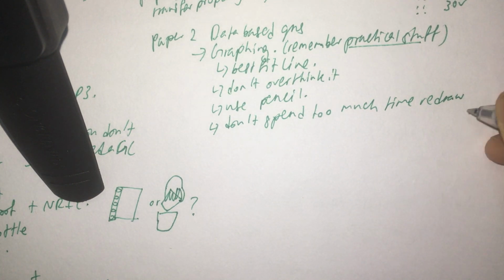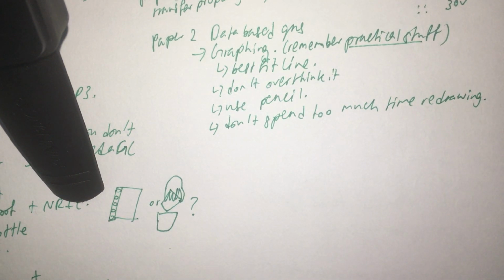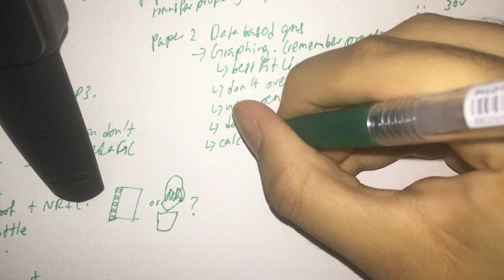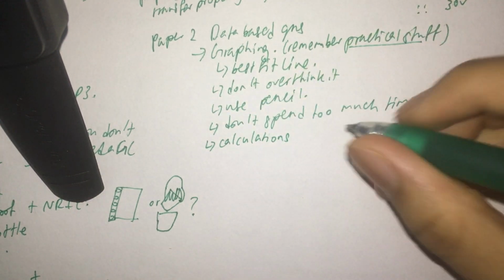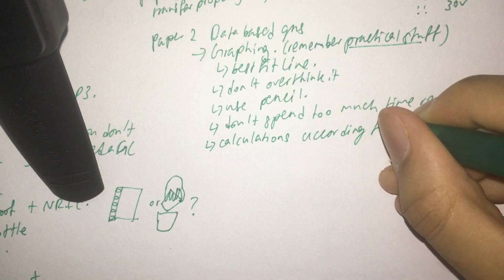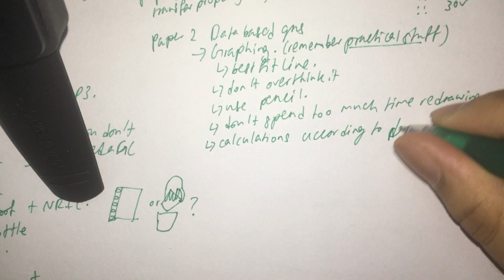So if you don't get a graph, then at least you don't have to waste time making sure your graph looks nice and doesn't look like a mess. Yeah, there is that problem. Sometimes you don't draw a best fit line to the points, and that could be a problem. But for the most part, don't overdo it. Don't do it so many times until you drive yourself crazy. If you really need to do it another time, maybe just do it a maximum of 2 times. Don't go more than that.